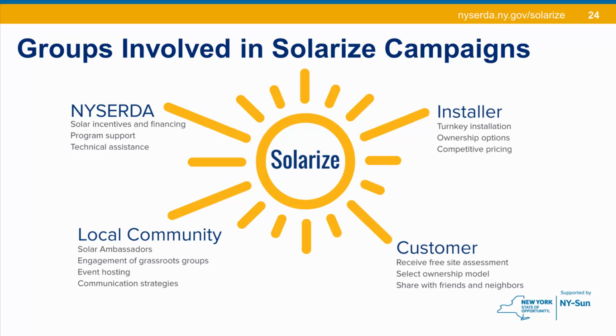Members of the local community could be solar ambassadors, event hosts, members of engagement and grassroots groups, or involved in communication strategies. NYSERDA provides program support, technical assistance, and solar incentives. Installers and developers will provide turnkey installation, ownership and subscription models, and competitive pricing. Solar customers will receive a free site assessment, decide on an ownership model, go solar, and then tell their friends and neighbors about the experience.